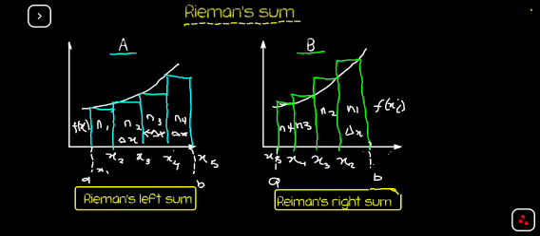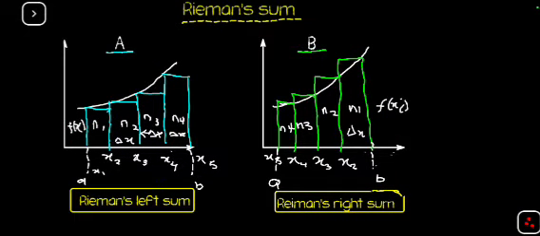To the concept. Riemann sum consists of two sums. First of all, we have the left sum and the second one, which is the right sum. The left sum gives us the underdose approximation of the area below the curve.